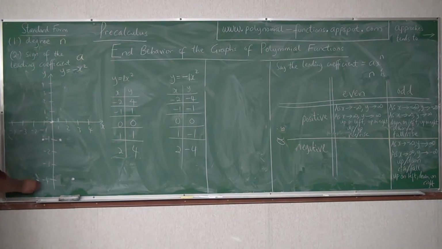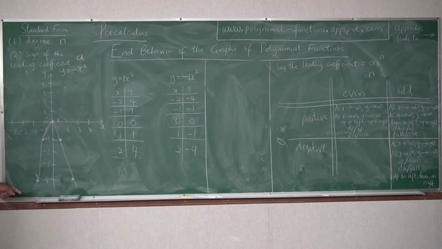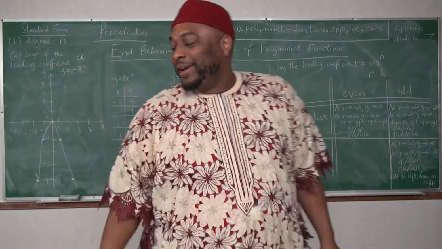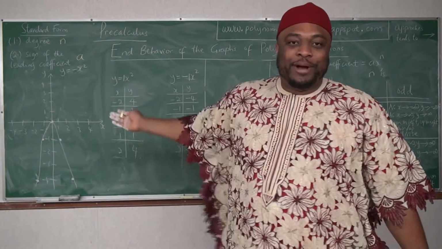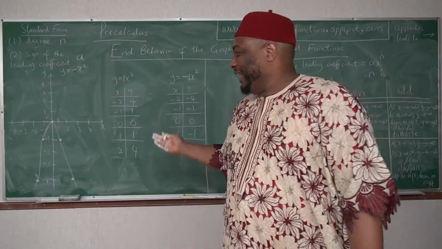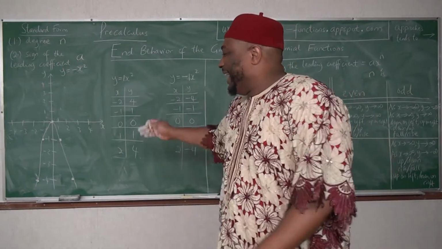So if you join this, don't laugh at me, okay? This is freehand, but I'm supposed to know how to sketch it, right? I did engineering drawing. My first degree is in civil engineering, so I should know that.